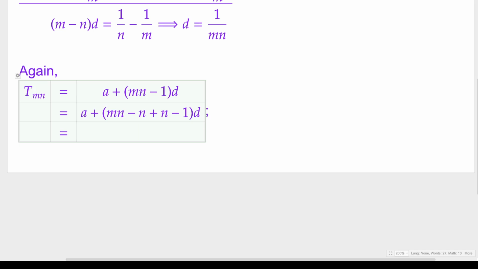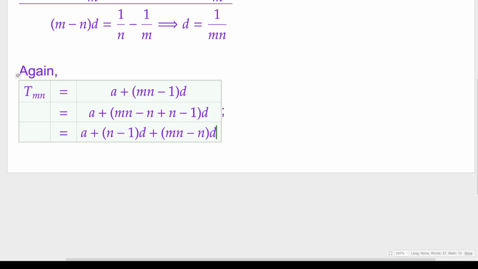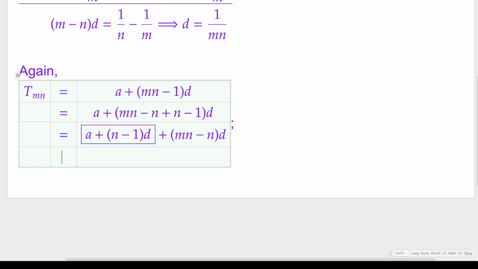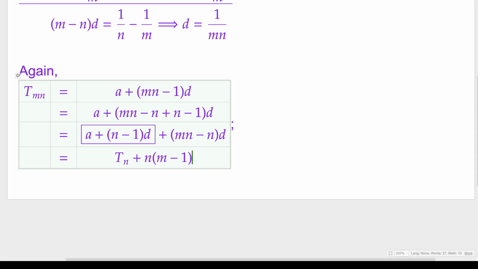And from here, if you observe, a plus n minus 1 times d can be isolated, and plus mn minus n times d. So this is clearly the nth term. Now in the next step this will be equal to t of n, and from here n is the common factor, so n times m minus 1 times d.